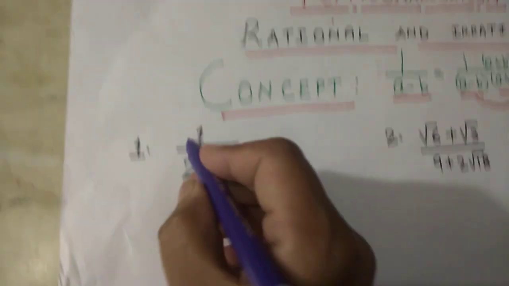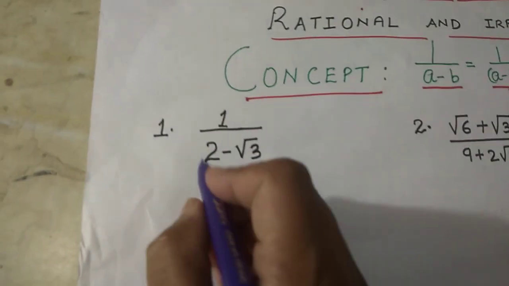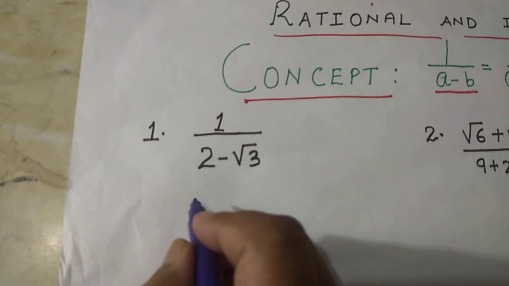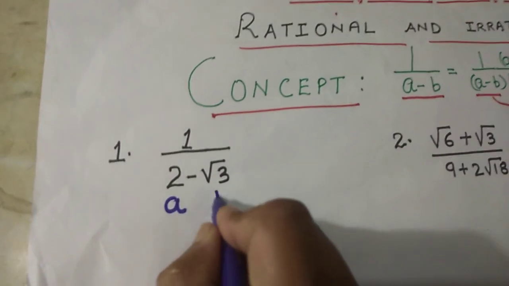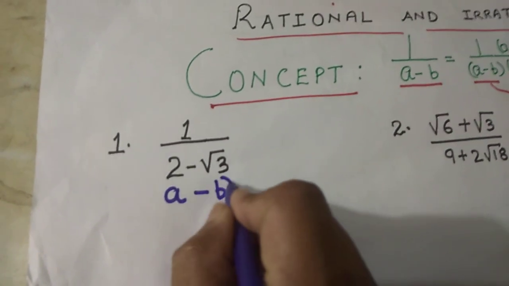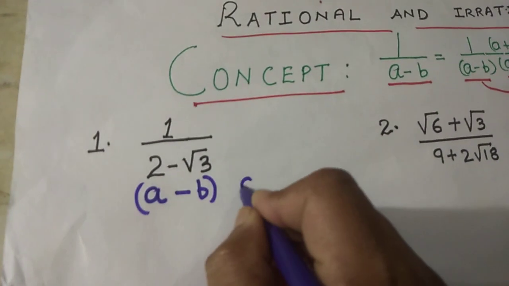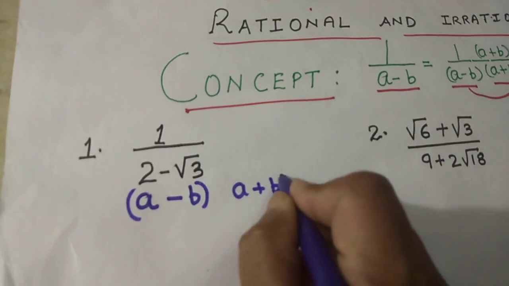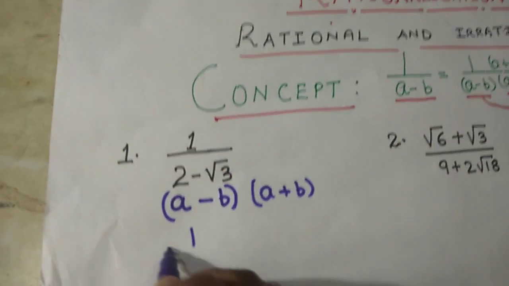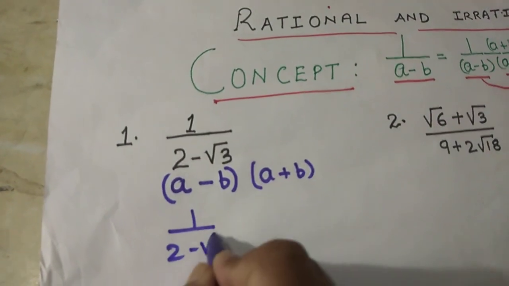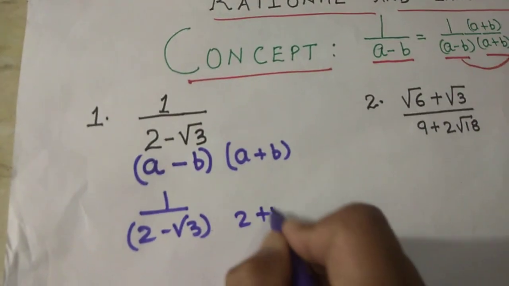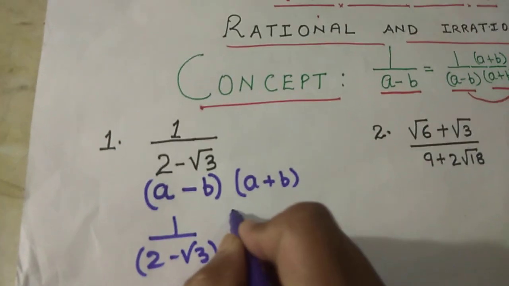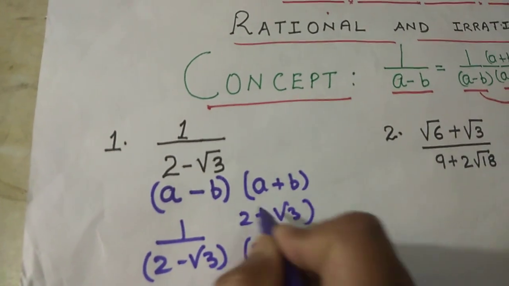So first question, 1 upon 2 minus root 3. Here 2 is a, root 3 is b, a minus b is given. What is not given? A plus b. This is my concept. So 1 upon 2 minus root 3, multiply by 2 plus root 3 over 2 plus root 3.